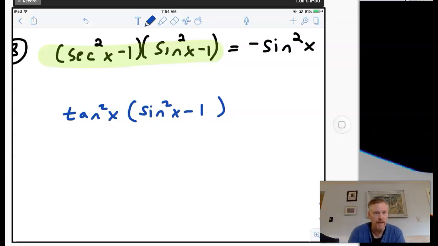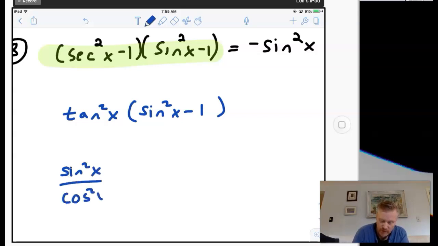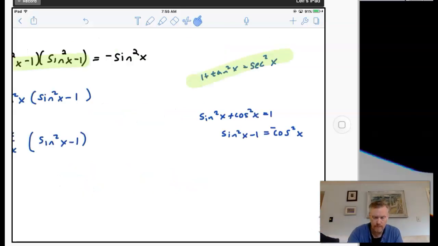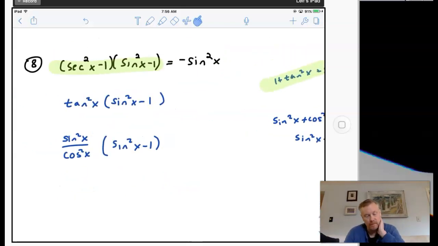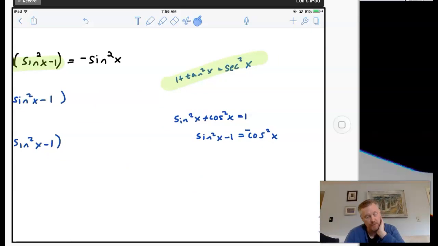So that's tangent squared of x times sine squared of x minus 1. All right, good. Now, tangent is equal to sine over cosine, right? Which means that this is the same as sine squared of x over cosine squared of x times sine squared of x minus 1. Now I'm looking at the sine squared of x minus 1, and remember, there's an identity for that one too.